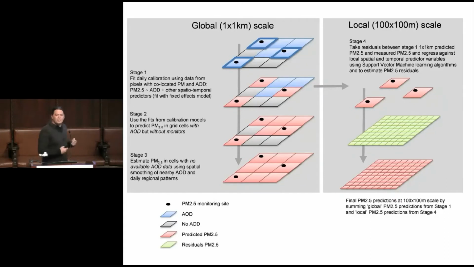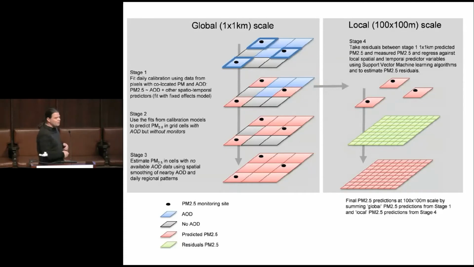Because we're interested in predicting for environmental epidemiology studies, we want to look at both the acute and the chronic exposures. We want to have daily prediction, which is what differentiates our model from other models. We have a third stage, where we regress the AOD-based predictions from stage 2 versus the interpolation of localized PM monitoring stations plus a thin plate spline, which allows us to predict at every point and every day.